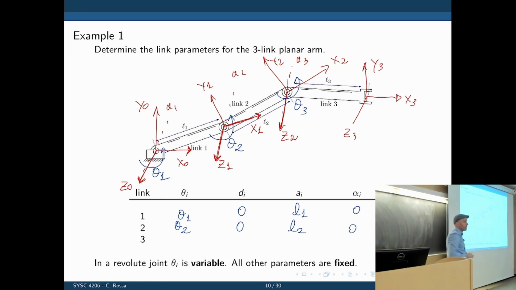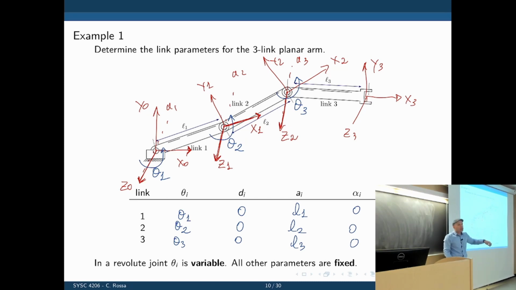And what's the last line? Well, the last line is the frame of the tip there. So it's simply theta 3, 0, L3, and 0. And notice here that because this is a revolute joint, the variable that makes one frame change with respect to the previous one is the angle of rotation.